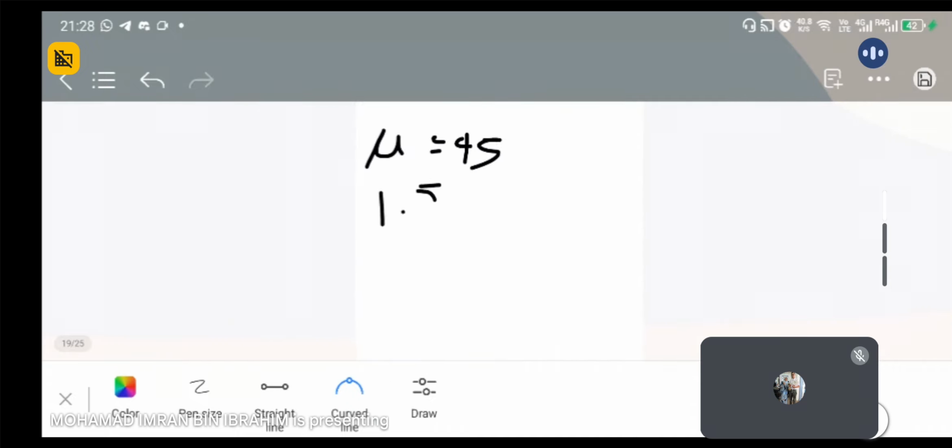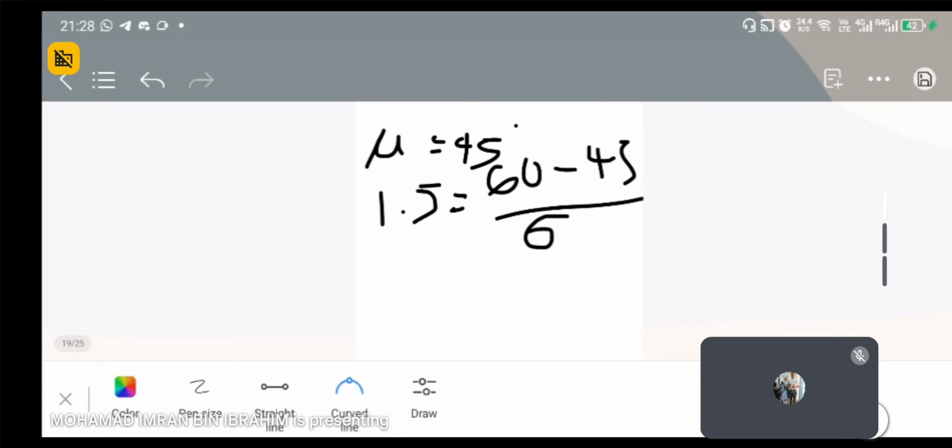Z score is 1.5, and then 16 over mu is 45 on the top also 45, and then we can find the standard deviation. So the standard deviation must be 10.